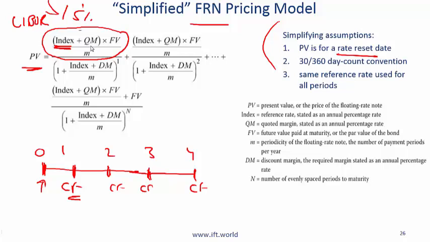Quoted margin is the margin that is quoted for that floating rate note. Let's say a floating rate note is issued where that quoted margin is 3%. I'm just picking numbers here. So the index plus the quoted margin becomes 8% into the face value. Let's say face value is 100.